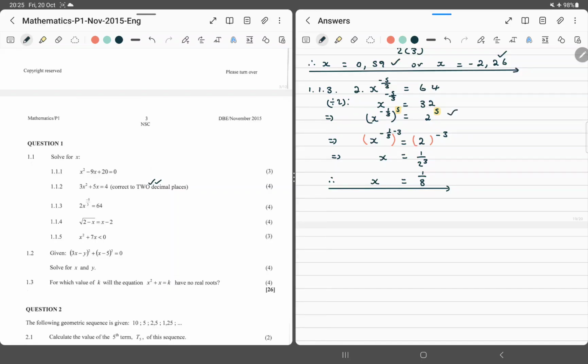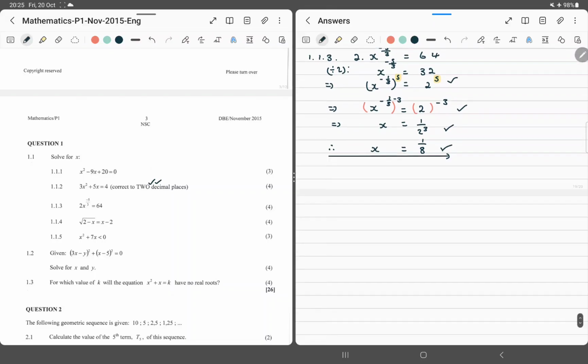And essentially, this gymnastic, an algebraic technique, is important. And to write this as a positive exponent is also important. And the answer. So this is most likely the way we get those marks.